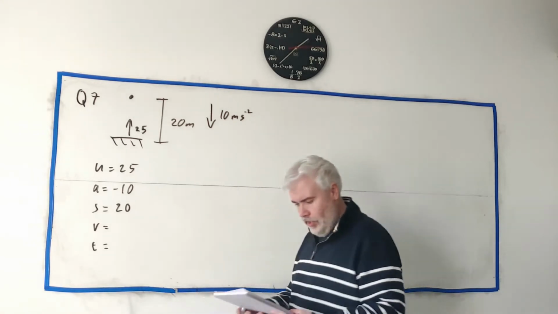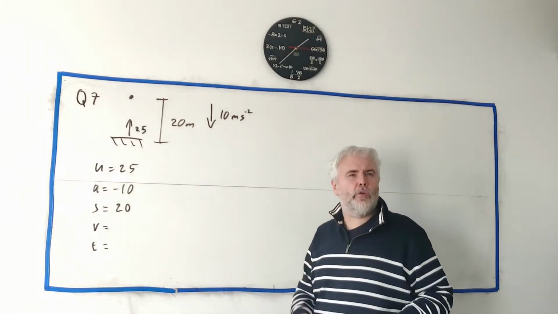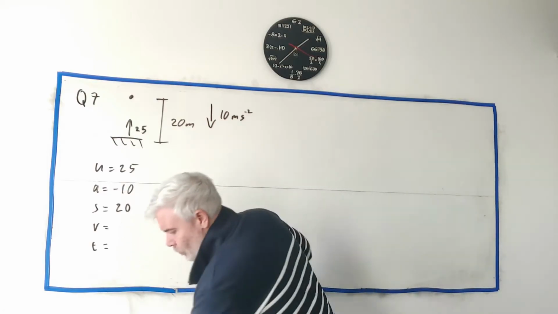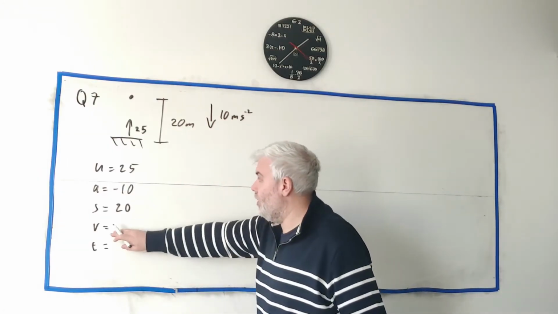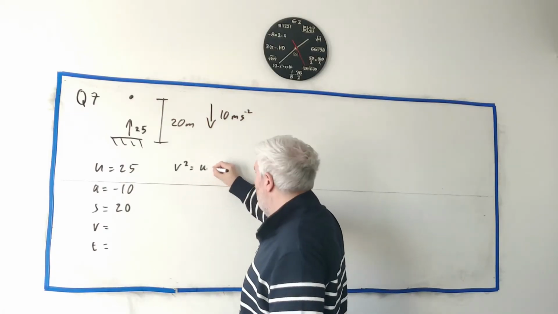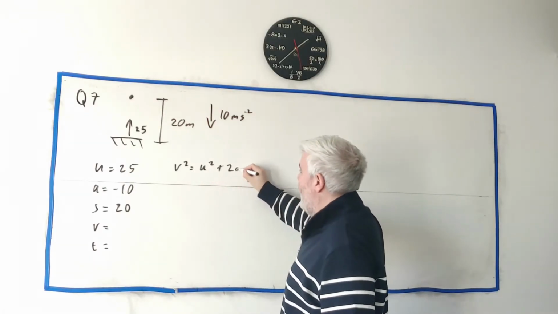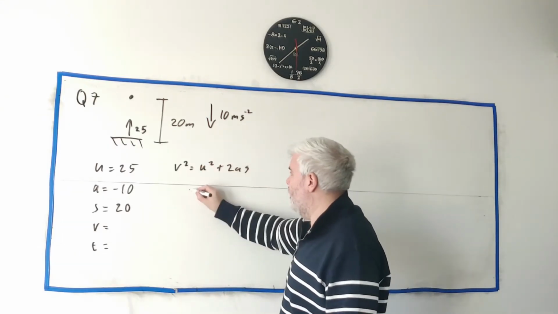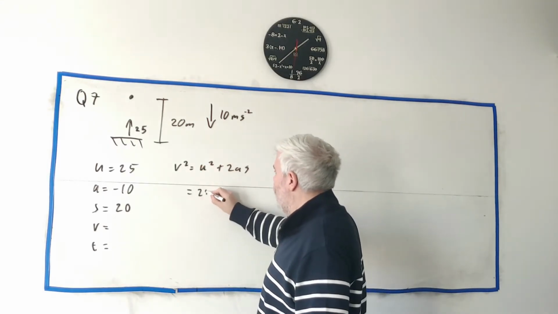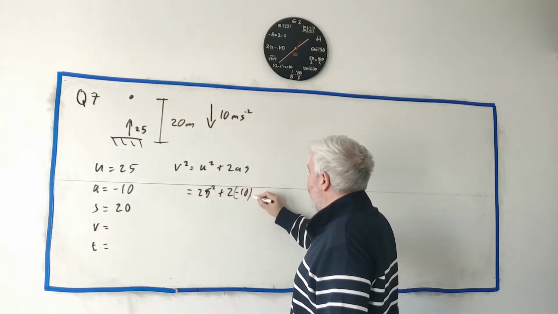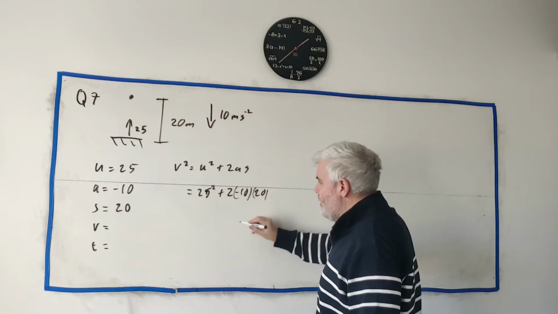So which equation will... sorry, I thought we were looking for t. We're looking for v in this case. So the equation we want involves v, u, a, and s, and that would be v squared equals u squared plus 2as. Fill that in with everything we know: 25 squared plus 2 times minus 10 times 20.